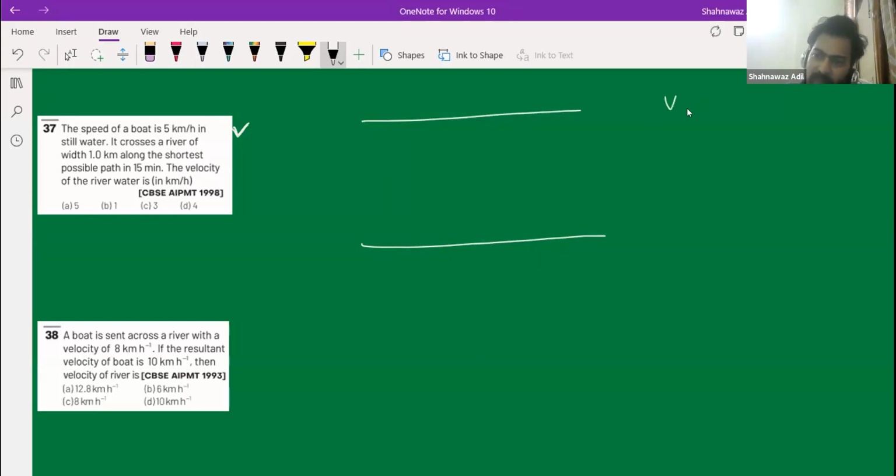So again, I would write: the speed of the boat is 5 kilometer per hour in still water, and it crosses a river of width 1 kilometer along the shortest possible path in 15 minutes. So this width is 1 kilometer, and this time is 15 minutes.